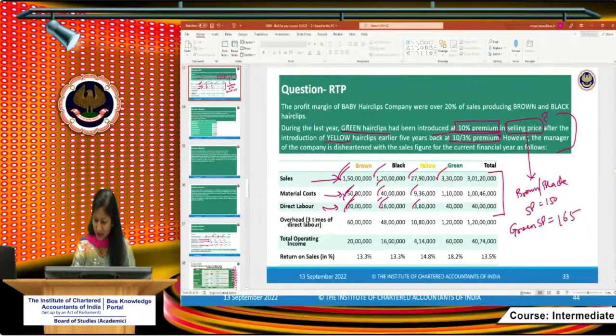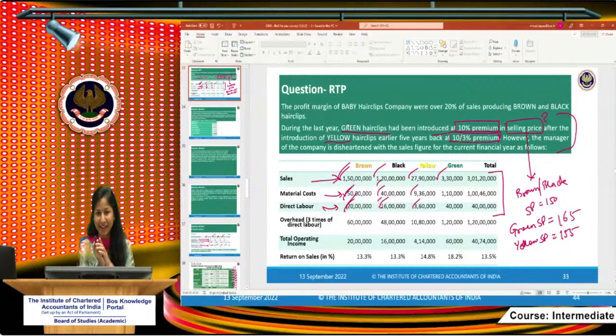And in case of yellow, what is the premium? 10 divided by 3%, which comes to around 3.33333%. So it would be 150 plus 3.33333%, which comes to 155. And this was the same figure given in the question in later paras. Right?